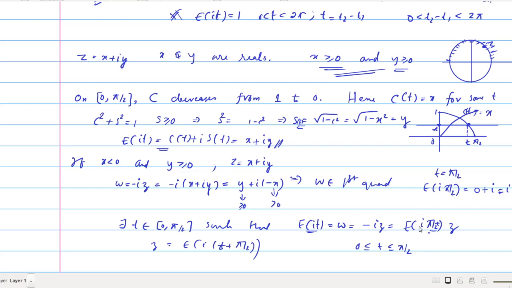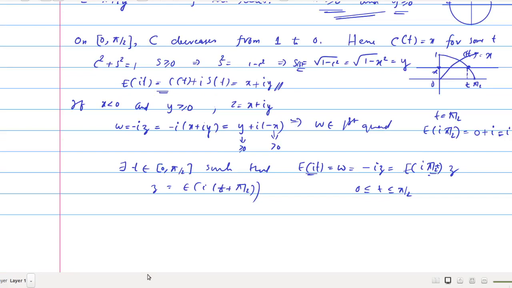Okay, that is what we have substituted here, and now we have z is equal to e to the power i times t plus pi by 2, and t lies between 0 and pi by 2. Now what happens to t plus pi by 2?